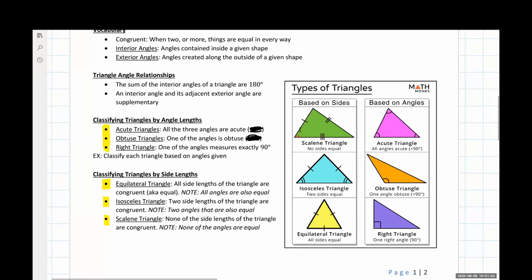And again, this can be denoted using lines, this can be denoted using numbers, or it can be just left blank for scalene triangles. If you are not told about anything having side lengths being equal to one another, absolutely never assume that they are.